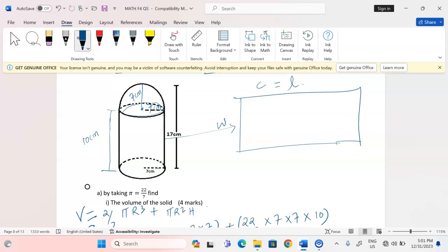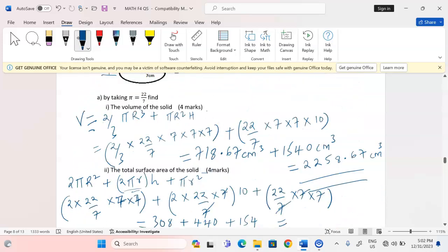Because the area of a rectangle is length times width, instead of length, we use circumference, which is 2 pi r, which gives us the whole of this length, then times height, which is our width. We are able to get the cylinder now, which resembles a rectangle.